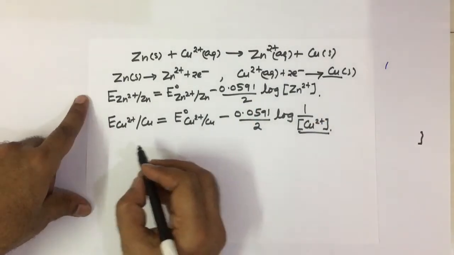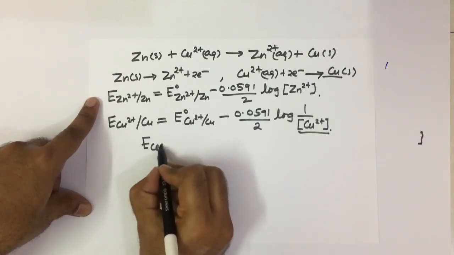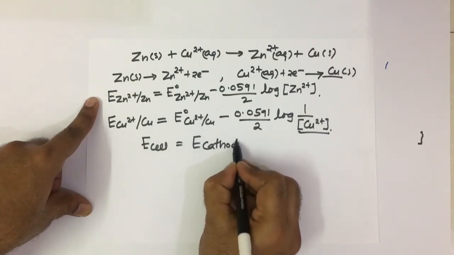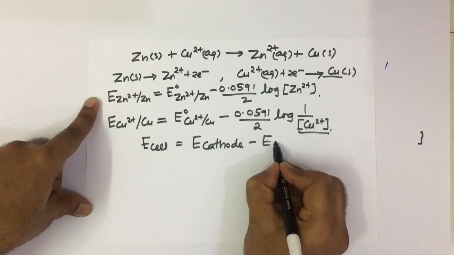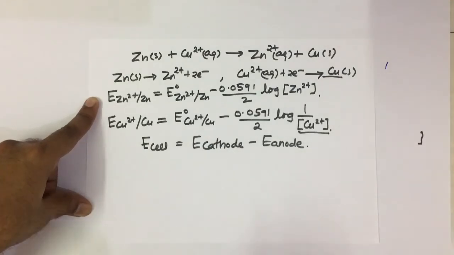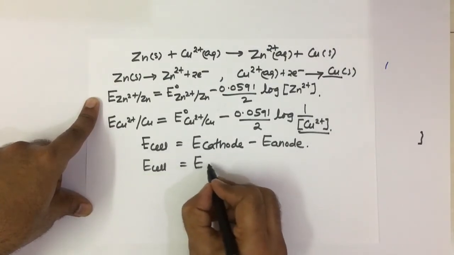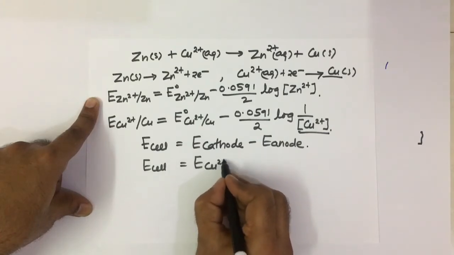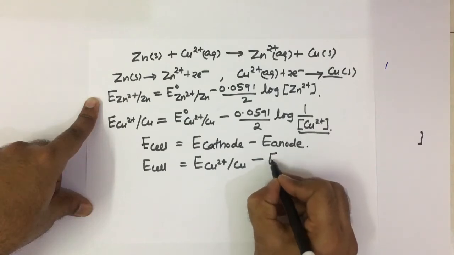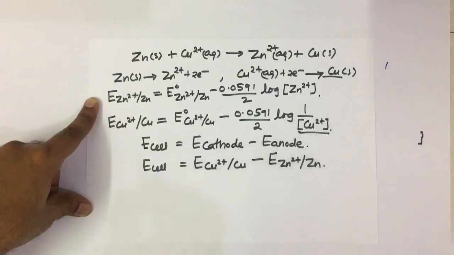Now we know that E cell is equal to E cathode minus E anode. In this particular cell, the cathode is copper, E of Cu2+ upon Cu, minus the anode, zinc, E of Zn2+ upon Zn.